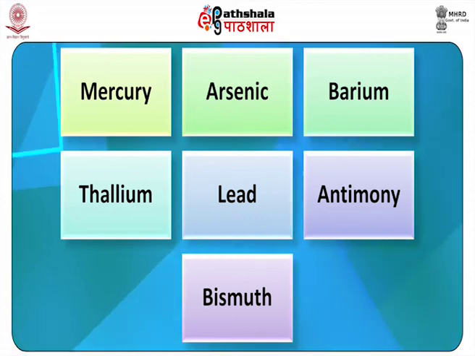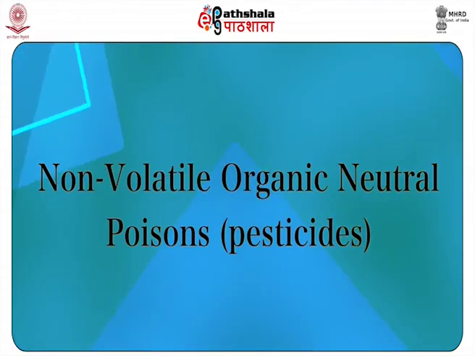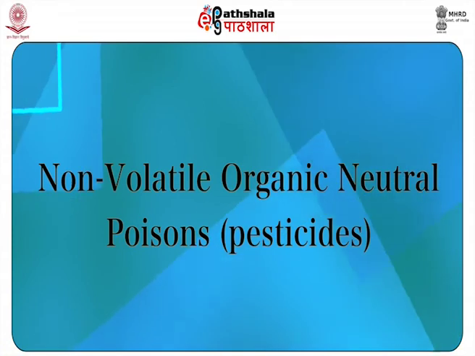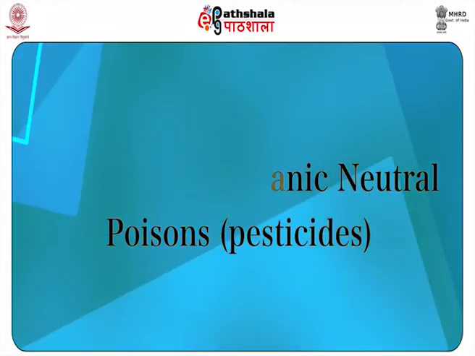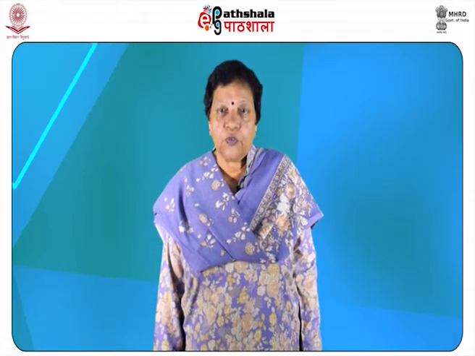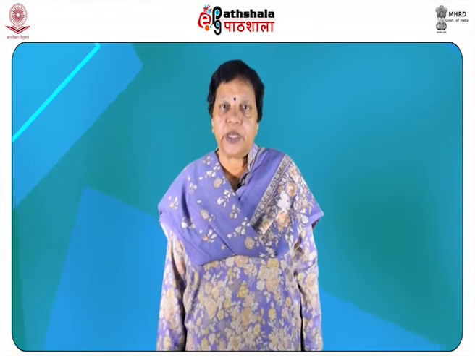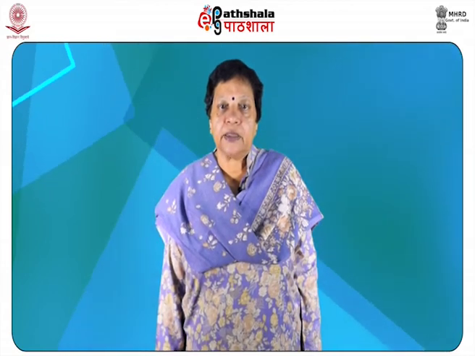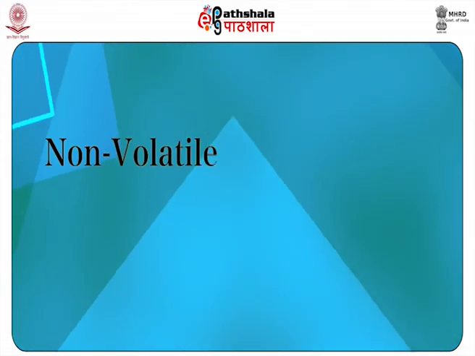Examples are mercury, arsenic, barium, thallium, lead, antimony, bismuth, etc. Non-volatile organic neutral poisons, which include pesticides. Examples are organophosphates, organochlorines, carbamates and pyrethroids.